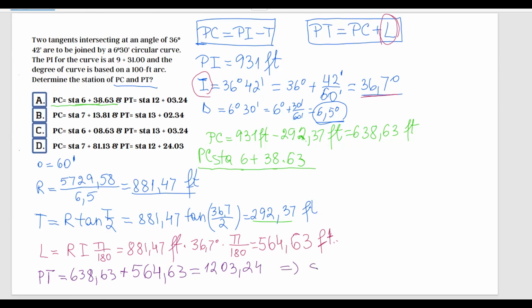If you want to write it as a station, it's 12 plus 03.24, which, as you would have guessed, is this option over here. So the correct answer is A.